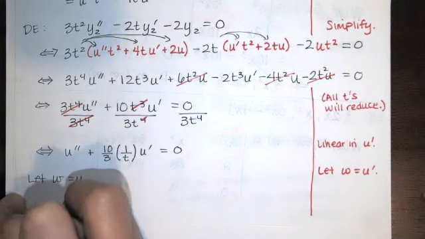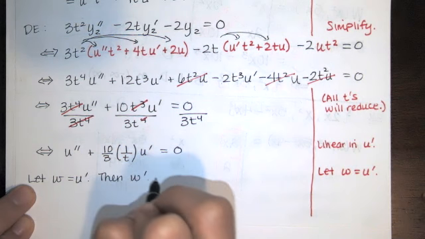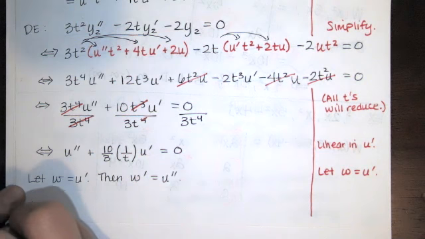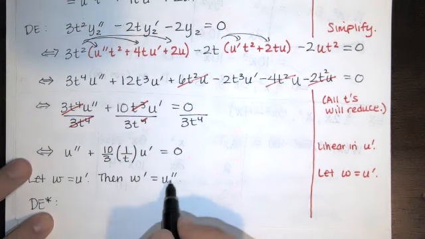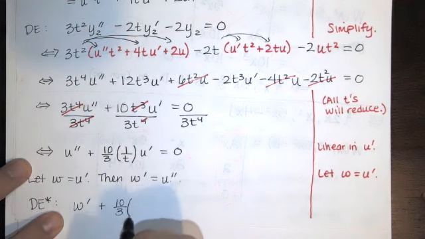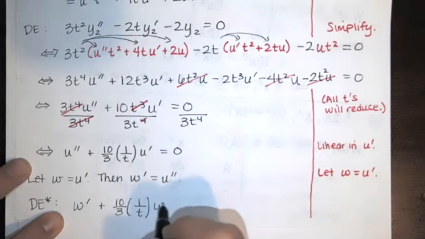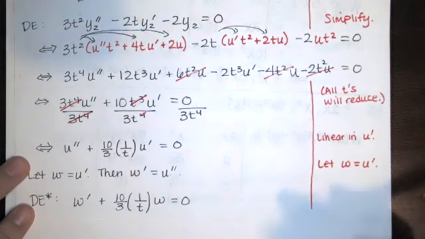If we let w equal u prime, then w prime is the derivative of that, that's u double prime. And then the differential equation can be written this way. We've got u double prime, which is the same as w prime, plus 10 over 3 times 1 over t times u prime, which was w, and that's equal to 0. And now we've got a linear differential equation in w.